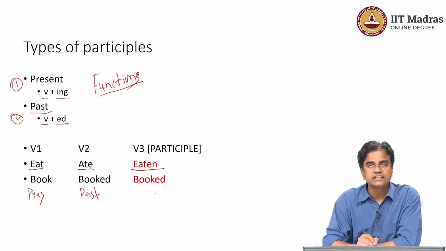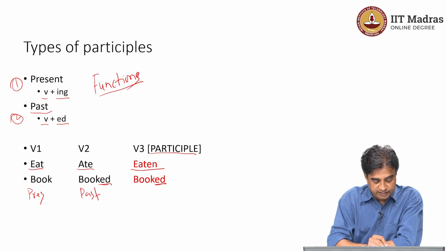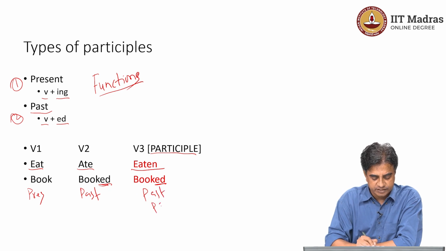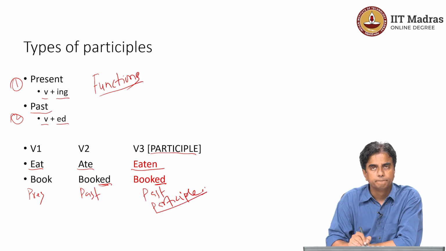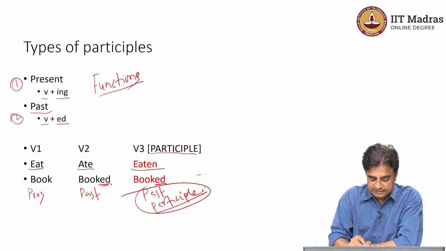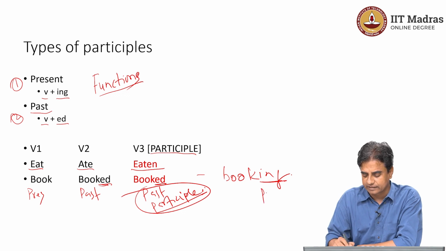What is this V3? It's actually the participle form, but since they resemble each other, we call it past participle. And in contrast with this past participle, when we see some form with -ing, we call it present participle.